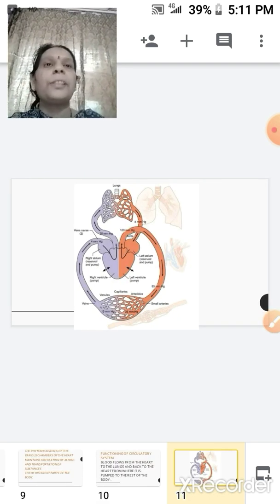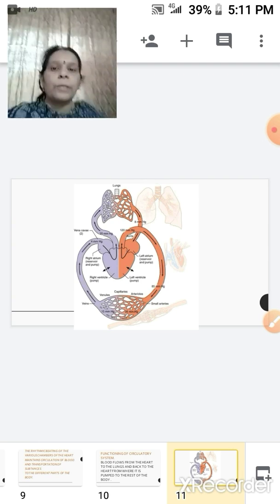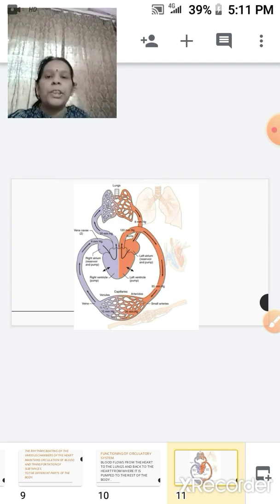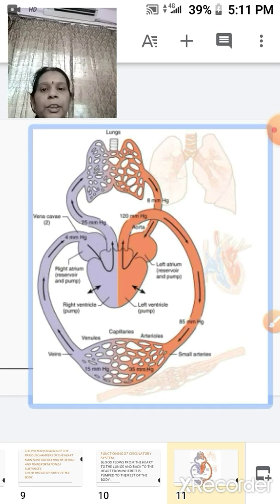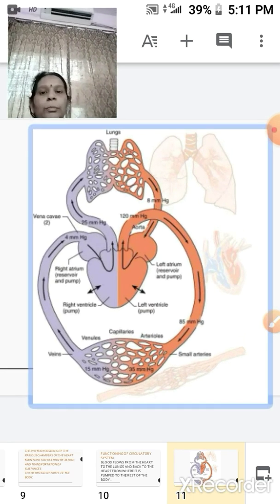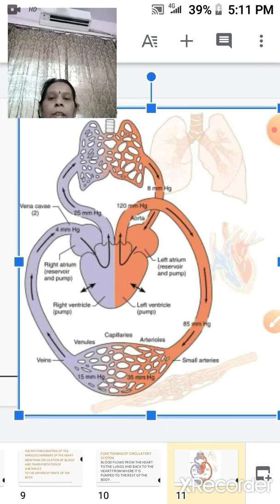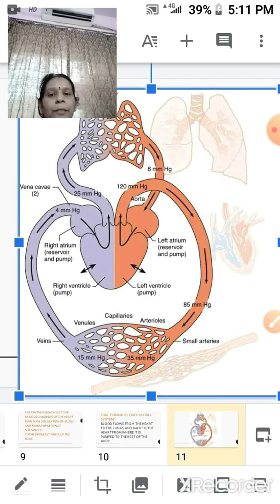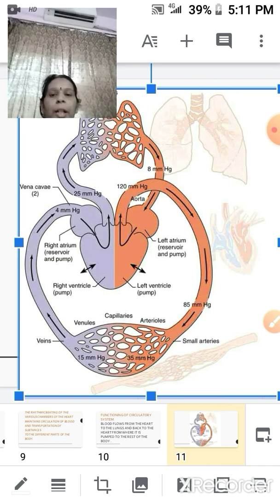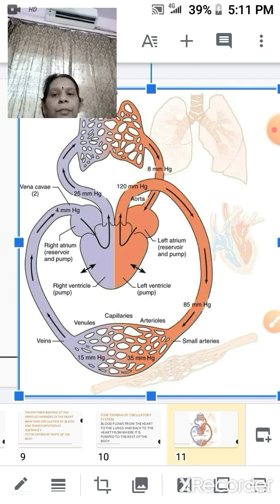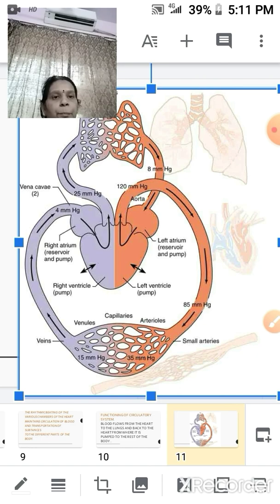So the heart is the main structure of our circulatory system. Here within the figure, again you can see how the heart gets the blood from the lungs, and from the heart how it goes to the different chambers and then is carried to the different parts of the body.